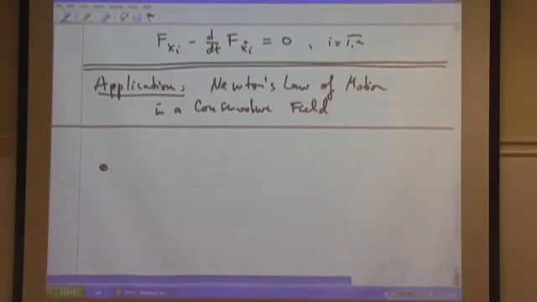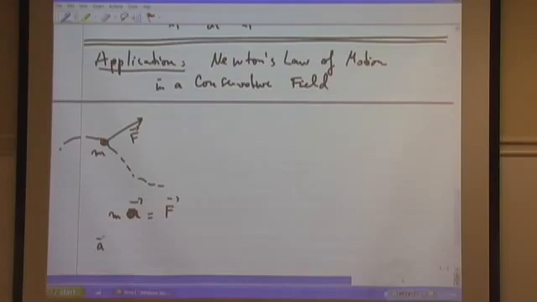You very well know that if you have a force applied to an object of mass m, then that object will actually have an acceleration, m times a equals the force, right? And the acceleration is the derivative of the velocity vector, right? And the velocity is the derivative of the position vector.